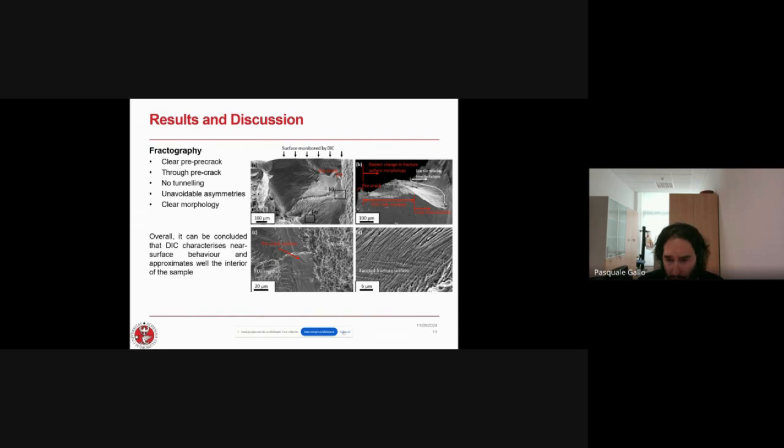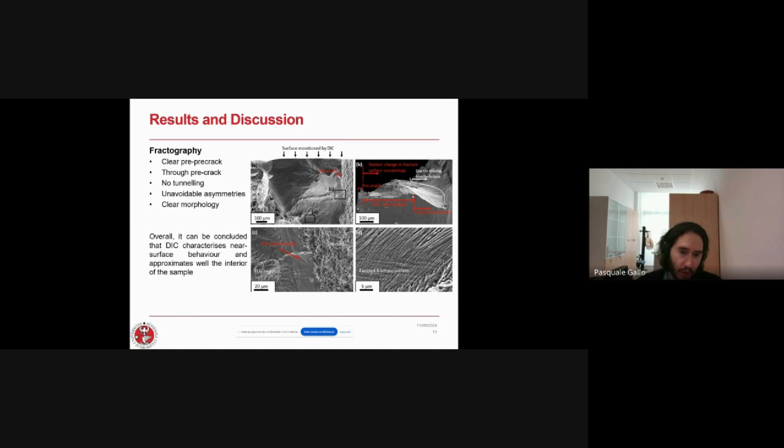There was no tunneling. This would otherwise create some trouble when we were doing the DSC reanalysis and all our assumptions, but in this case, everything was okay. Of course, there are asymmetries because we are dealing with microstructural features, and that's unavoidable. But overall, I think the morphology is quite clear. I also want to underline that our reanalysis stops here because at a certain point, the crack had a deviation of 45 degrees from the direction perpendicular to the applied load.